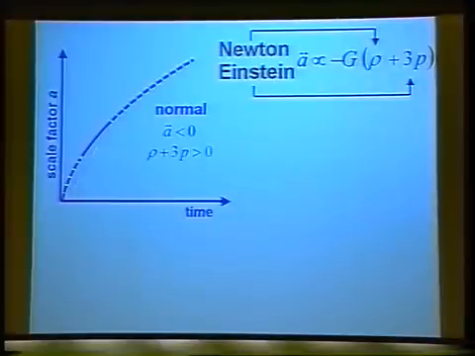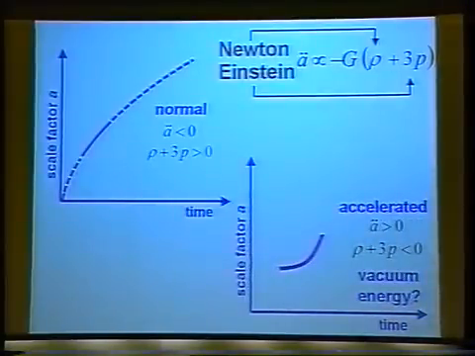So the universe will decelerate, have the normal behavior, only if rho plus 3p is positive. An indication of an acceleration of the universe, where a double dot is positive, results if the energy density plus 3 times the pressure is negative. And the pressure of minus the energy density is the equation of state for vacuum energy. So if there's an accelerated phase in the expansion, it's evidence that rho plus 3p is negative, and one possibility is a cosmological constant.